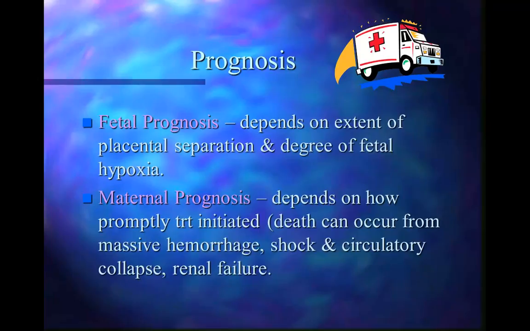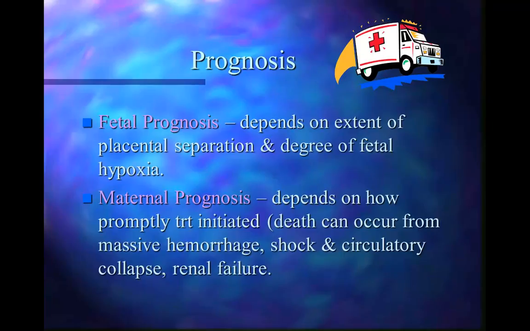When we look at fetal prognosis, it really just depends on the extent of how much of that placenta separated and how much fetal hypoxia has occurred. When we look at mom, it depends on how fast we got treatment started. Women can die from massive hemorrhage, shock, and circulatory collapse, that DIC, and then renal failure because we don't have enough perfusion to the kidneys.